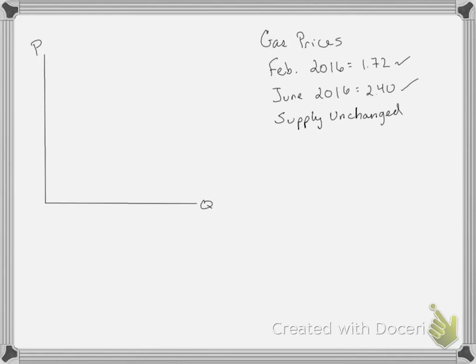So the first thing we're going to do is center ourselves in February 2016 and draw the demand for gasoline in February 2016, looking like that. And then we've got the supply curve, which looks like this. Now, I'm not drawing these in any specific way. I'm just saying that our supply was the same in February versus June.